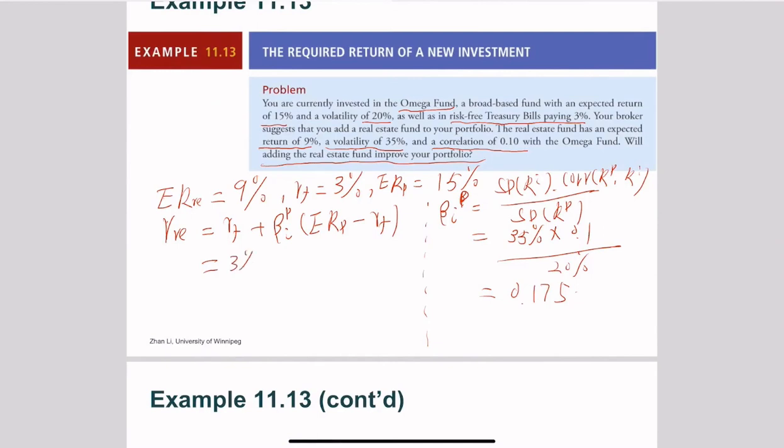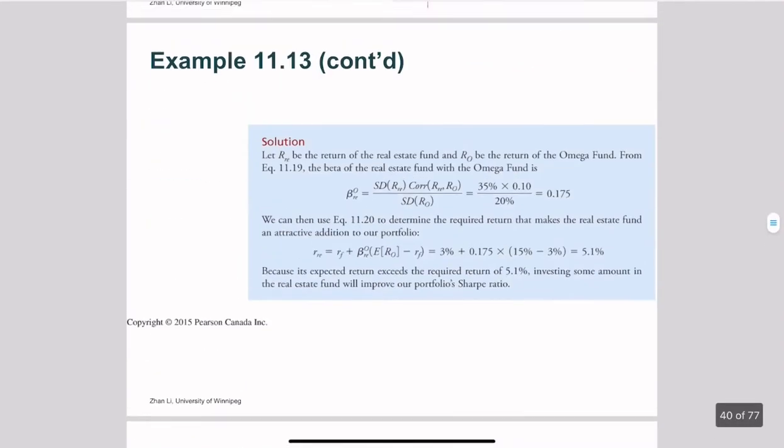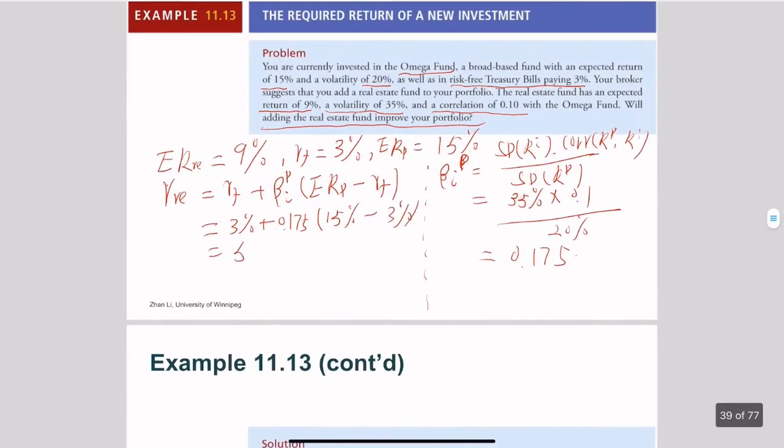Now we could plug in all these numbers we have got. So 3% plus 0.175 times 15% minus 3%. So we get a value of 5.1%. Now it's the decision time.